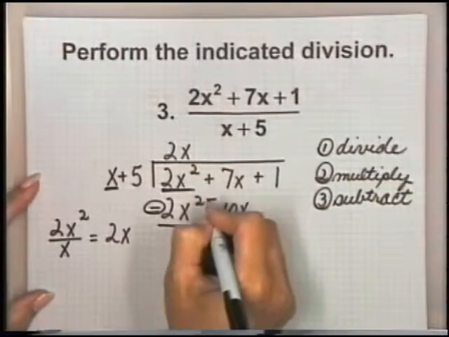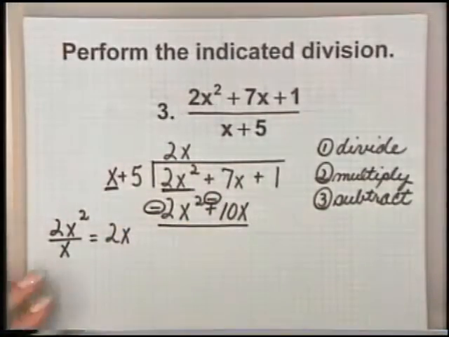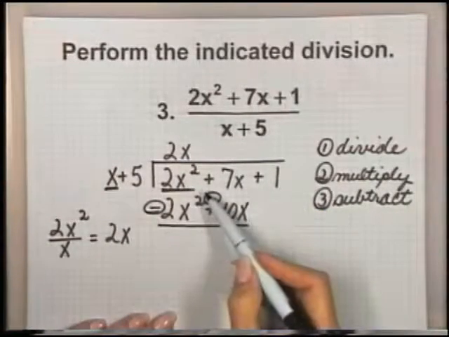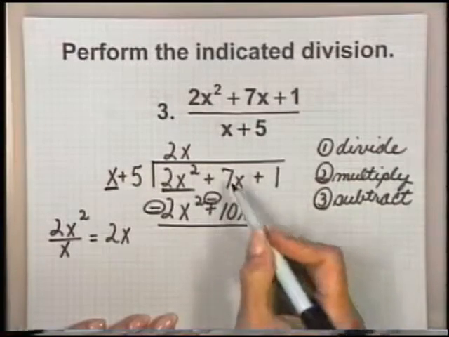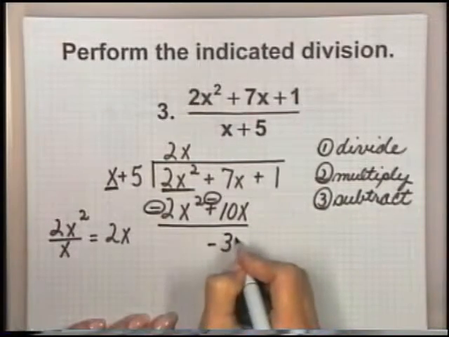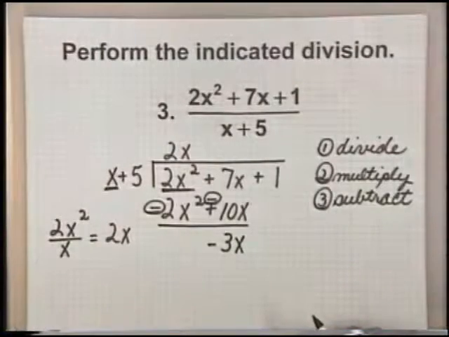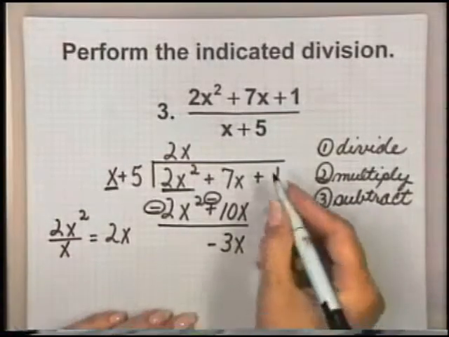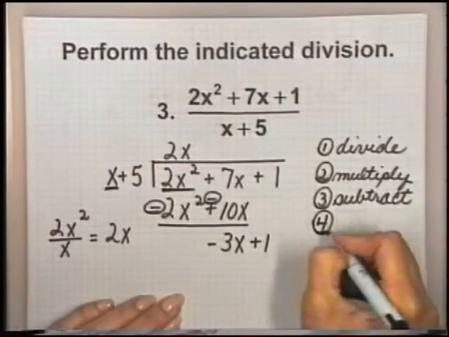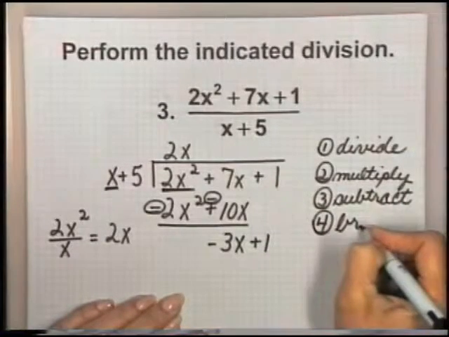And since the 10x is positive, it will become negative. And now I combine like terms. 2x squared minus 2x squared is 0x squared, and 7x subtract 10x is a minus 3x. So I've performed the subtraction. Next, I bring down the next term. That is my fourth step, isn't it?